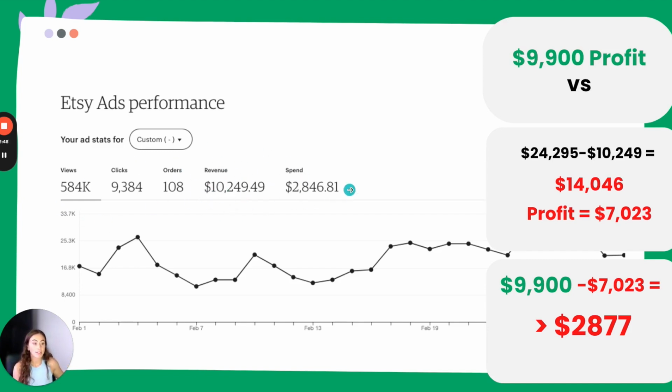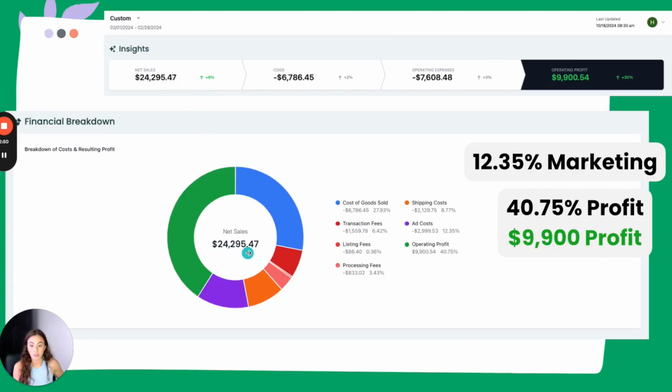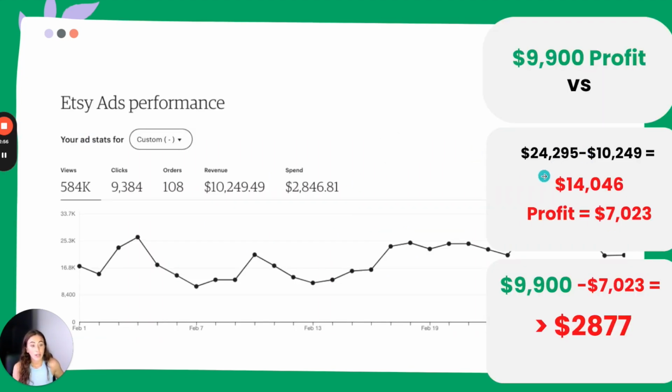So if we just run some basic numbers here, remember we said $24,295, right? We're going to take the total sales less the potential revenue that was made for the month from the ad spend, and we're going to analyze the profit. If we do the same calculation, that is $14,000. So it's $10,000 less in revenue.